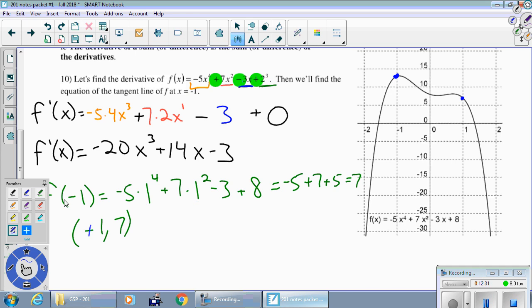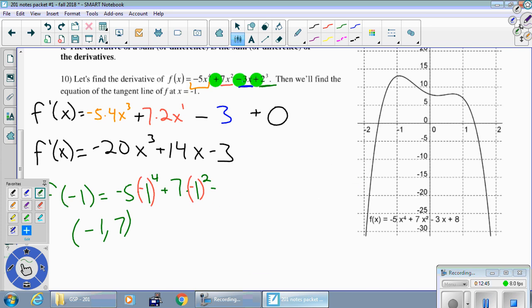So let's fix that. Okay, negative 1 to the fourth, and then negative 1 squared, and then negative 3 times negative 1. That's the one that I goofed on. I goofed on all of them, but that's the only one that mattered. Okay, so that should have been negative 3 times negative 1, and then plus the 8.